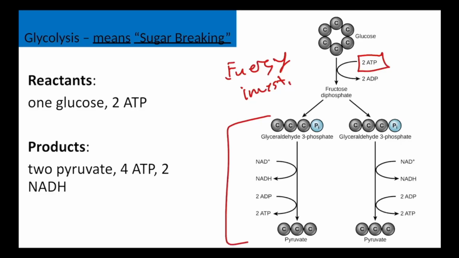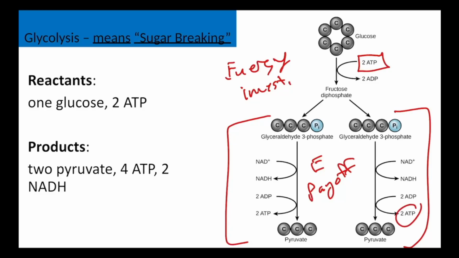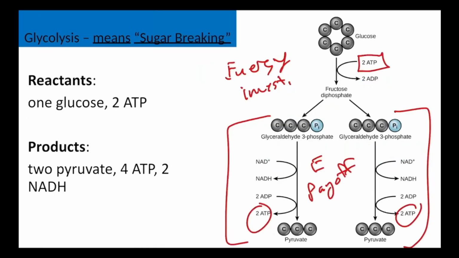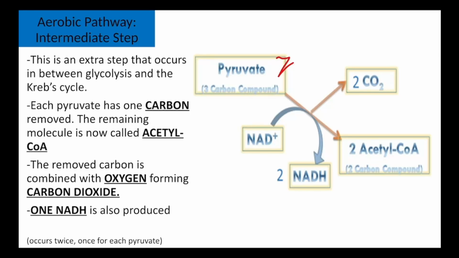And then the second part, once it splits, you have two pathways now where that G3P is going to be modified into pyruvate. And they call that part the energy payoff, because before we paid in 2, and now we're going to get out 2 on each side for a net of 2. So again, just be familiar with the reactants and products in each step.